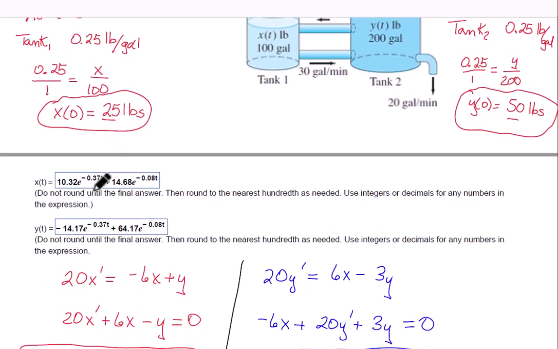and the answer is going to involve decimals. And they say don't round this until the very end, and then in the end round it to the nearest hundredth. This is extremely difficult.